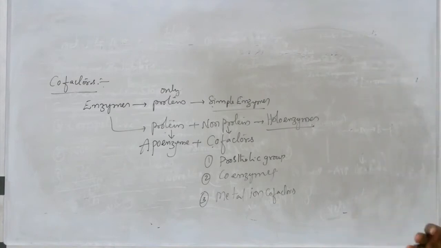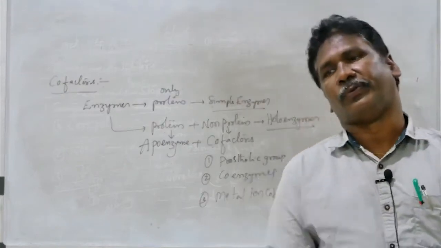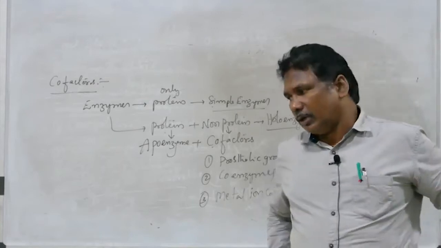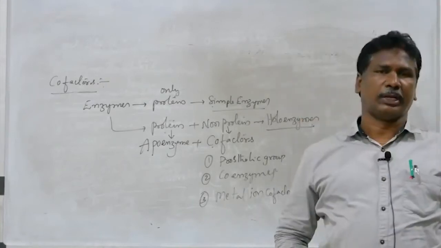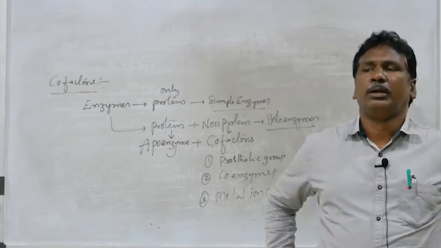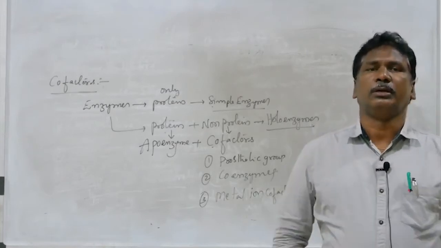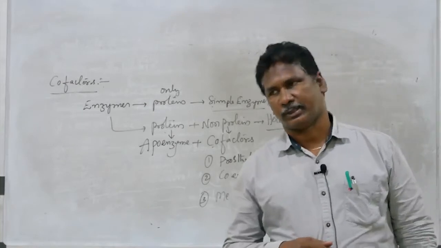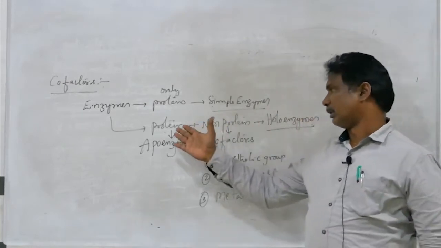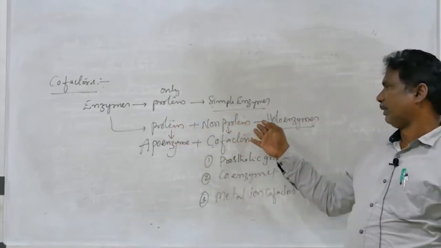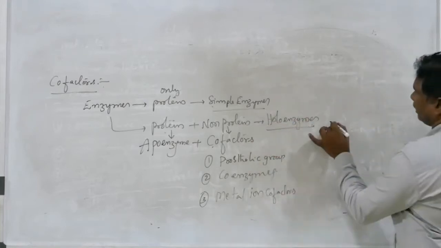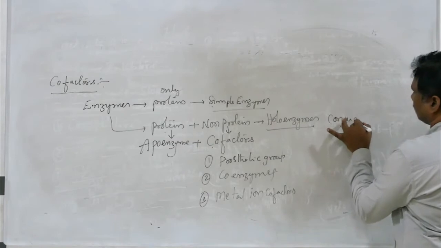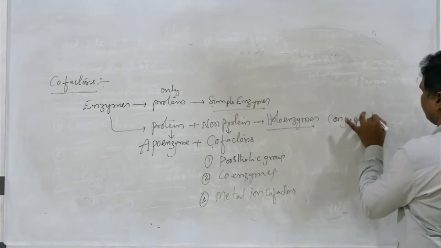Once again, if the enzymes are made up of only proteins, those are called simple enzymes. But most of the time an enzyme has a proteinous part and a non-proteinous part. Such enzymes are holoenzymes, also called conjugated enzymes.